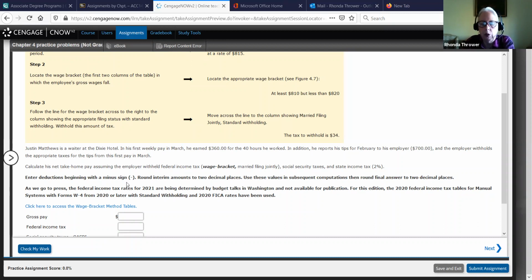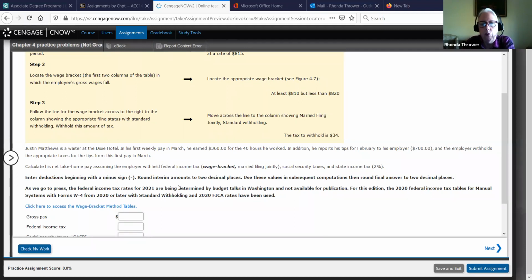If you do not put a minus sign in front of these deductions, it will count it wrong. And then you'll be trying to figure out why in the world Cengage has counted your stuff wrong. You have to put a minus sign in for the deductions. So that's very important to know on this problem.